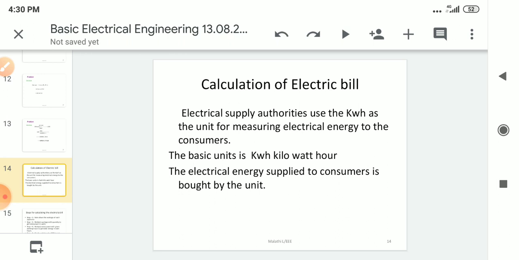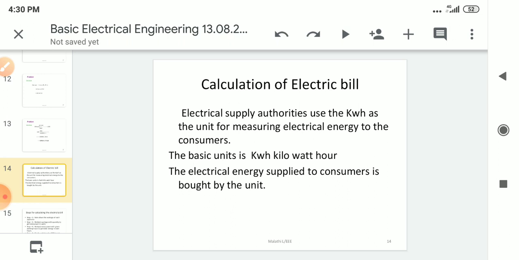Some of the appliances have very high wattages, but we use them for a few seconds. So we have to consider the periodic time. So electrical supply authorities use kilowatt hour as a unit of measuring electrical energy for the consumers. So the basic unit of electricity is kilowatt hour.